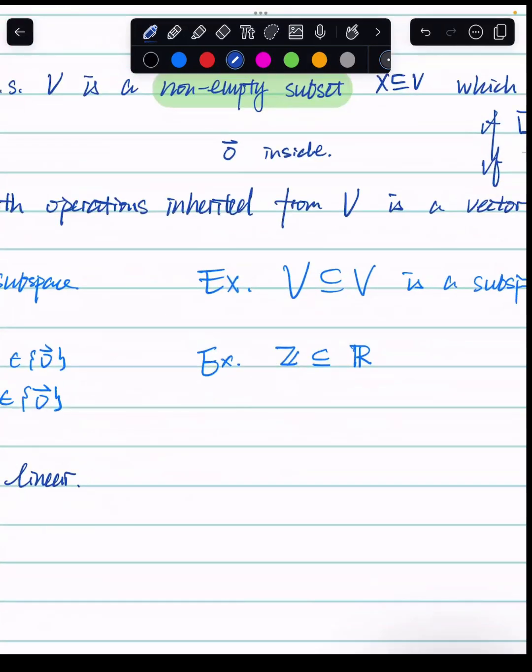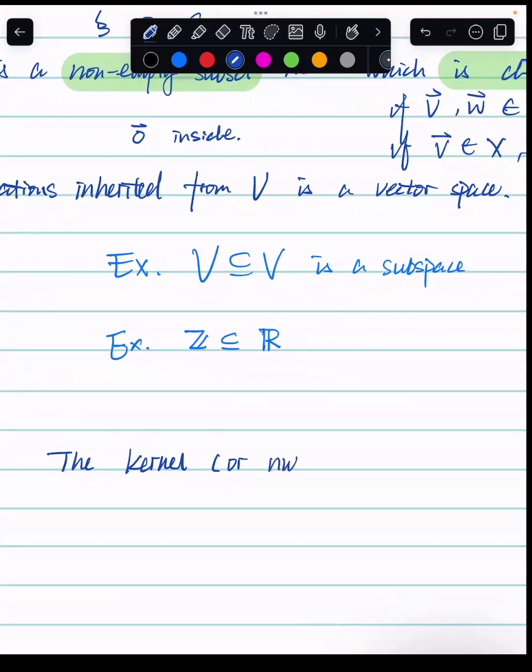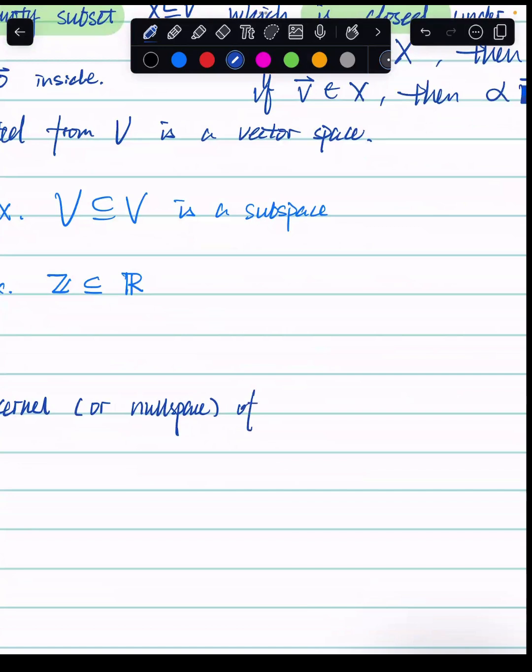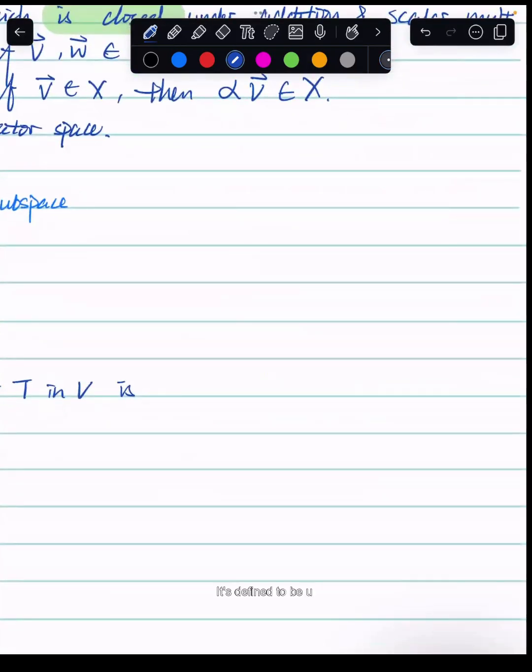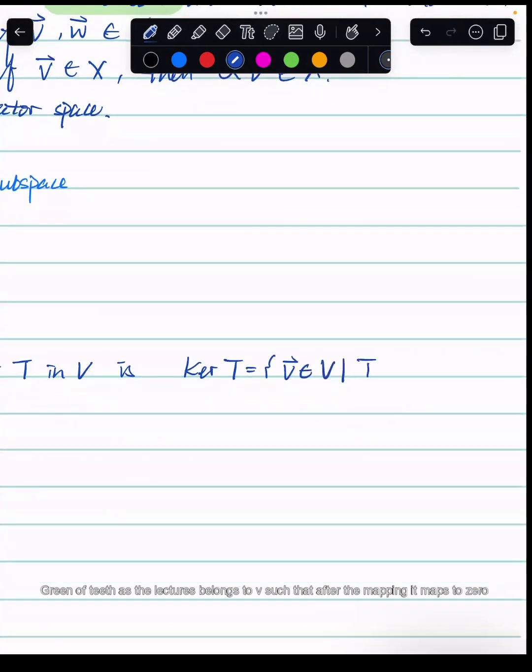The kernel of T, sometimes we call it the null space, is defined to be all the vectors belonging to V such that after the mapping, it maps to 0.